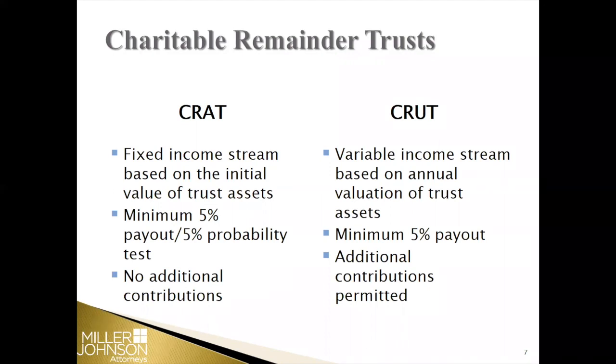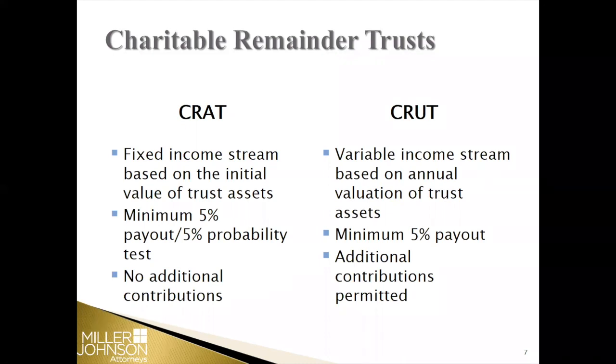It's fixed for the lifetime or the term of the trust itself. There is a minimum payout with these charitable remainder trusts of 5%. And with the CRAT, you cannot make additional contributions. So that annuity payment at the inception is fixed. You receive that, if it's a lifetime CRAT, for the remainder of your lifetime as the settlor donor.